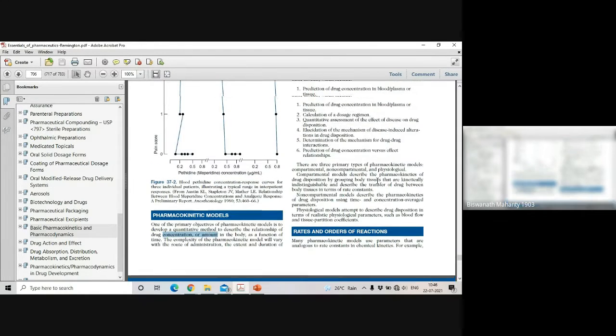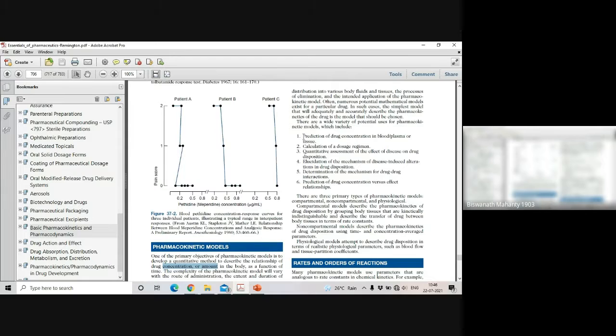Pharmacokinetic model: what is the purpose of making a pharmacokinetic model? Predicting the drug concentration in blood and plasma. I told you at the very beginning, prediction is the more important thing. Otherwise, can you measure every person's blood concentration every time? No, it is not possible. Everyone cannot have blood monitoring every time.